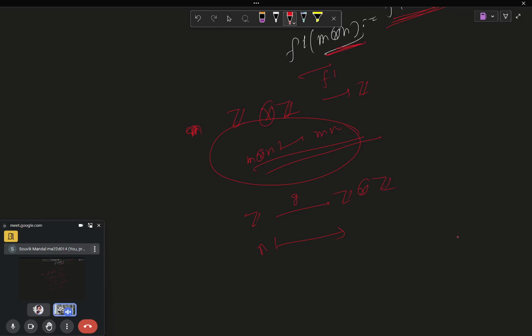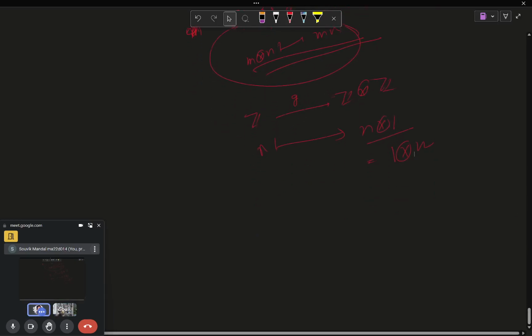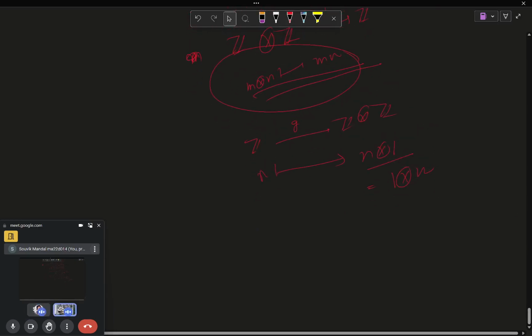So n goes to where? No problem, you are seeing this for the first time, so it's a difficult question. Okay, n goes to n tensor 1, you can say. Look, n tensor 1 is the same as 1 tensor n. It doesn't matter what you write.